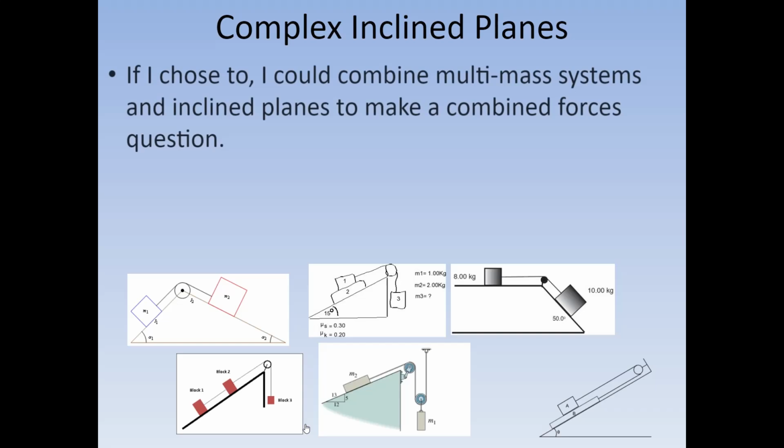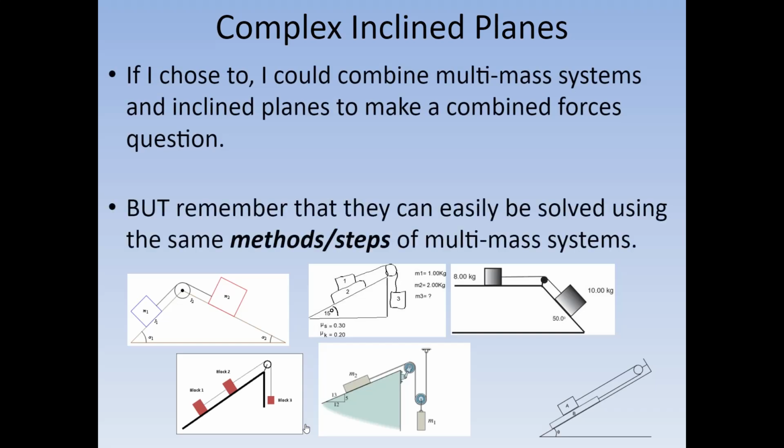All right. So one thing I wanted to show you, kind of as a joke, is that I could actually combine a lot of the stuff that we're talking about. I can combine friction with inclined planes, with multi-mass systems, with all these other things that you could see. And these are all different variations of that.